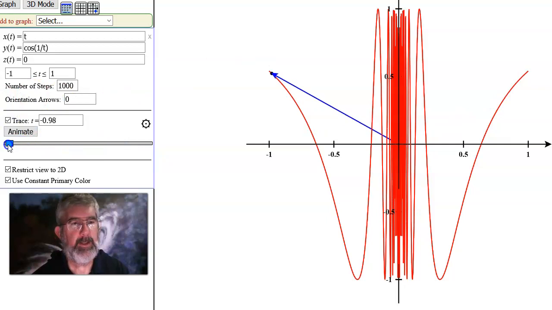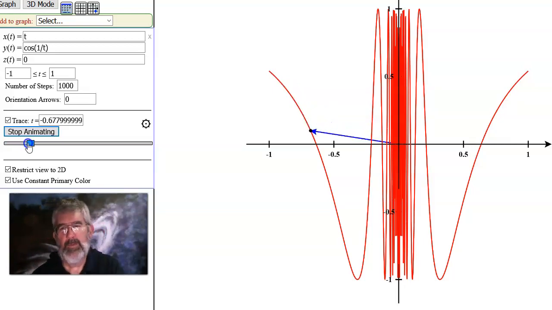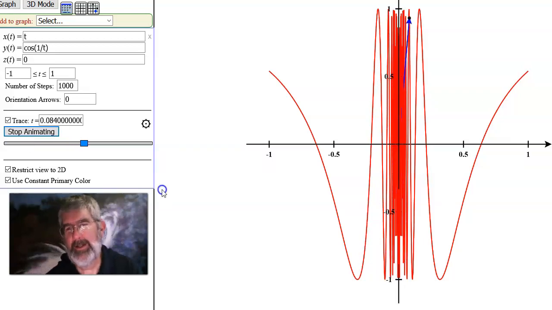Again, let me pull this back to here and animate it. And you move along this sine cosine curve, and it goes between 1 and down to -1. Right there is -1, and then it goes up to +1, and then down to -1, and up to +1, and -1, +1, and then it works its way out the other side.